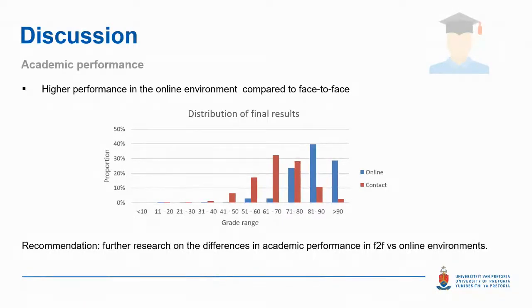On the other side, a student may procrastinate if it is not well planned, and leave everything up to the last minute. But also the way these things are assessed is slightly different. You have formative and summative assessments in the face-to-face environment versus continuous assessment online. So there are those differences to consider. But I would say that this is something that requires a proper study to look at.